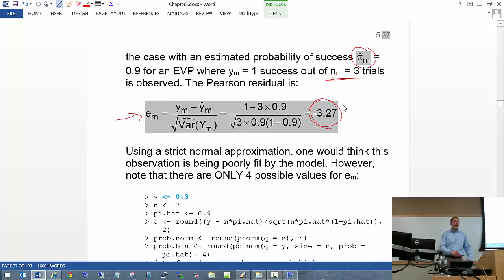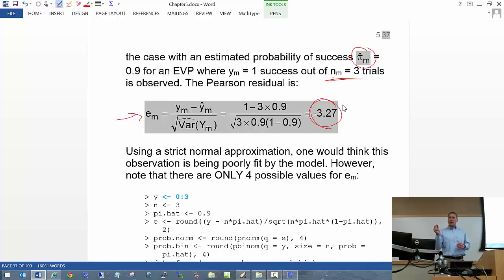If we simply used a regular standard normal approximation, we would expect most residuals to be within plus or minus 2. About 95% of them should be within plus or minus 2, and 99% within plus or minus 2.576. This was negative 3.27. Does that mean this observation is an outlier, poorly fit by the model? Not necessarily.